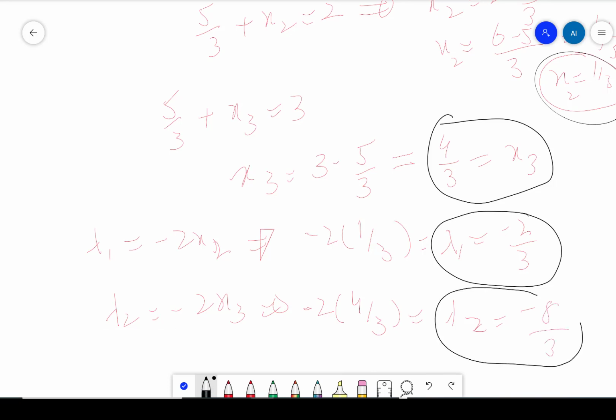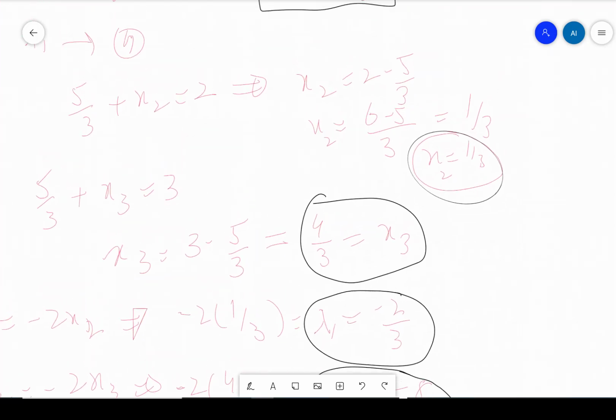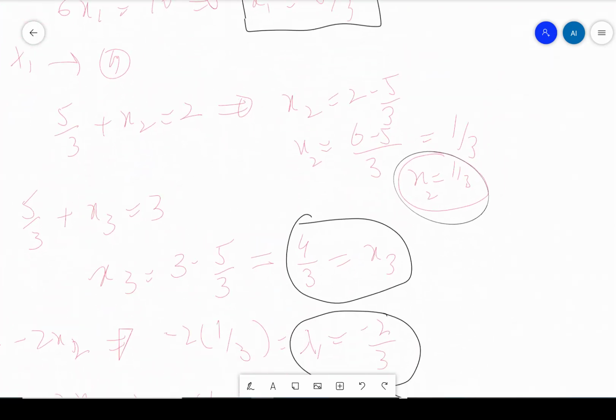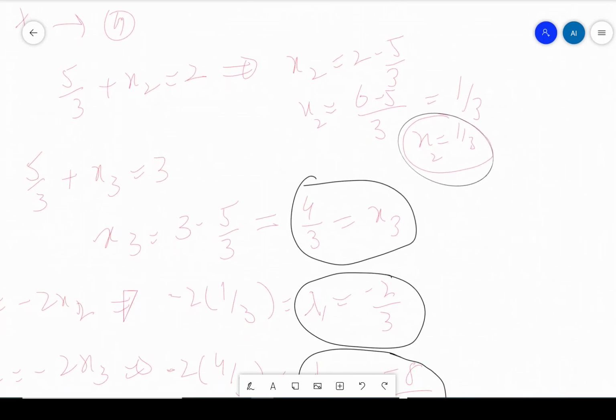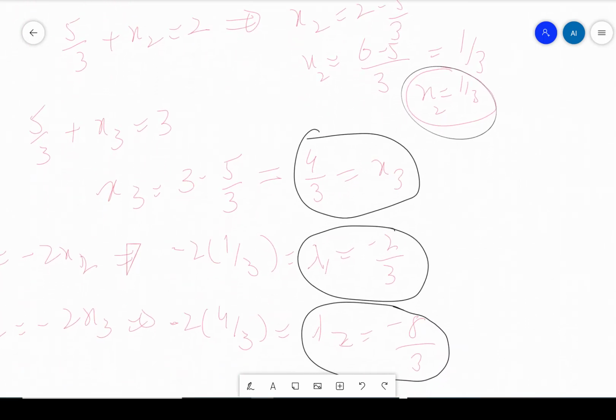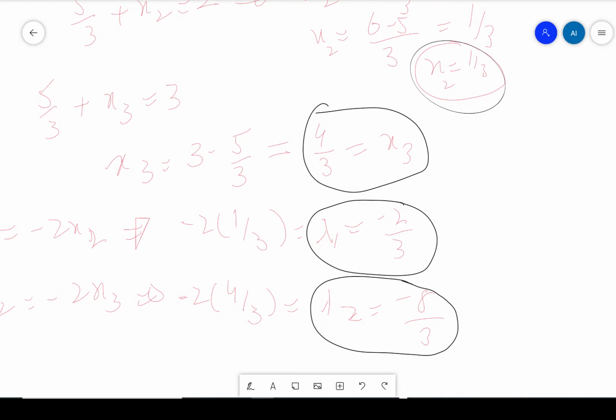So these are the values. The value of x1 is equal to 5 by 3. The value of x2 is equal to 1 by 3. The value of x3 is equal to 4 by 3. The value of lambda 1 is equal to minus 2 by 3. The value of lambda 2 is equal to minus 8 by 3.